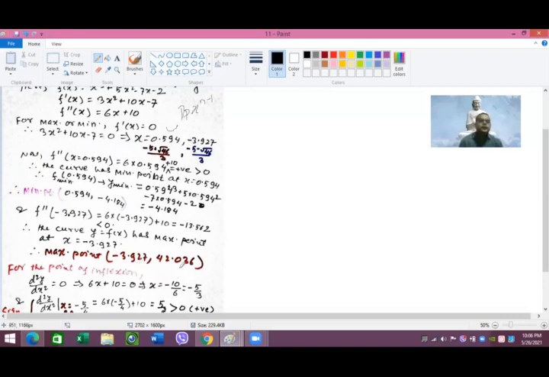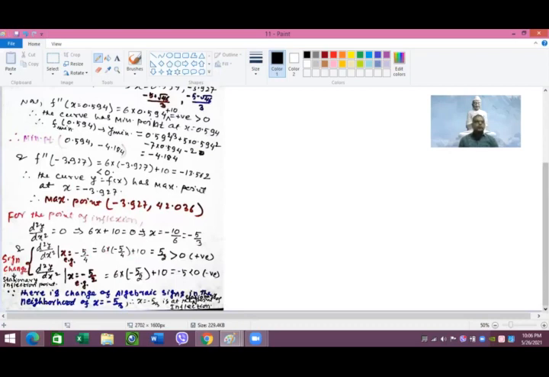All right, and similarly you have the minimum point over here, where you got a positive answer. So the minimum point is (0.594, -4.184). And for the point of inflection, you know that the second order derivative is 0. About this, the point of inflection we found as x = -5/3.